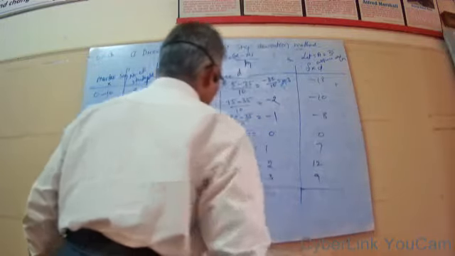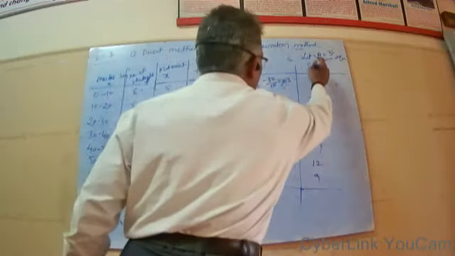Now take the sum, because we need sum of fd. This is f into d.